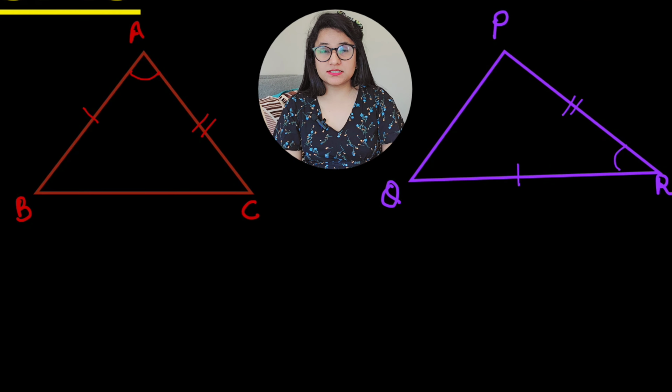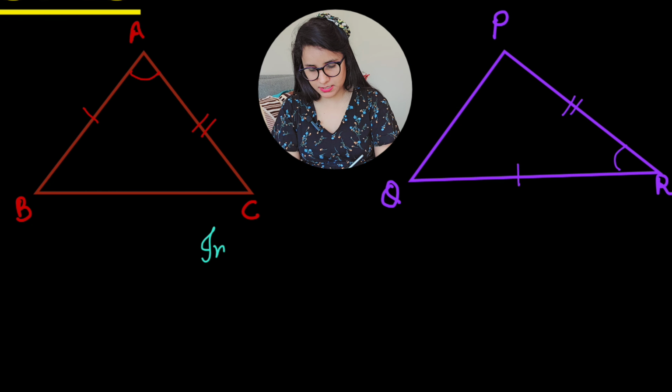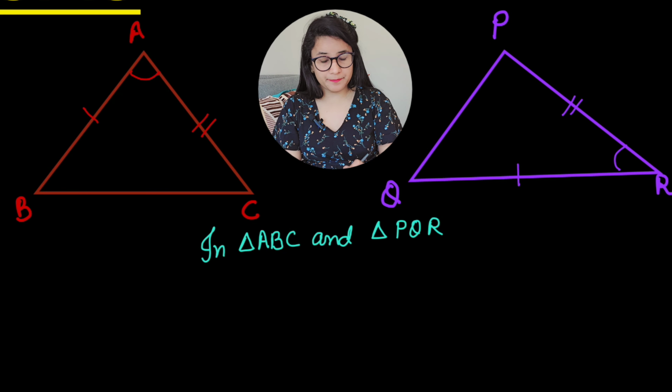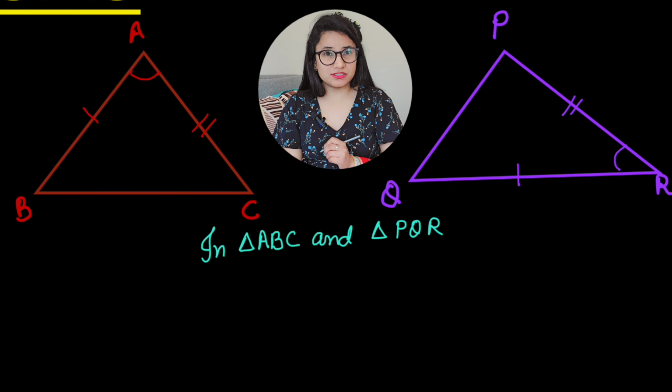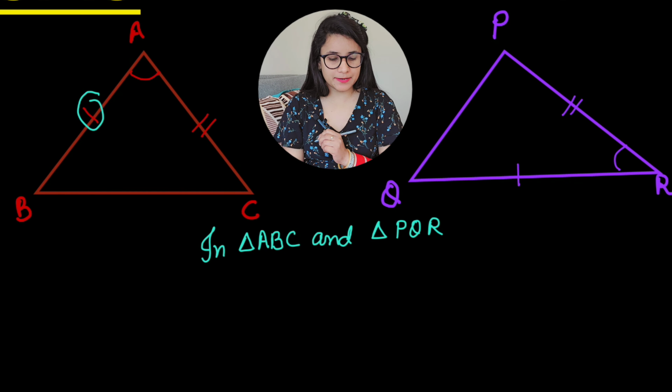Now again, starting with the first step, that is naming of the triangles. Here they are the same names: triangle ABC and triangle PQR.